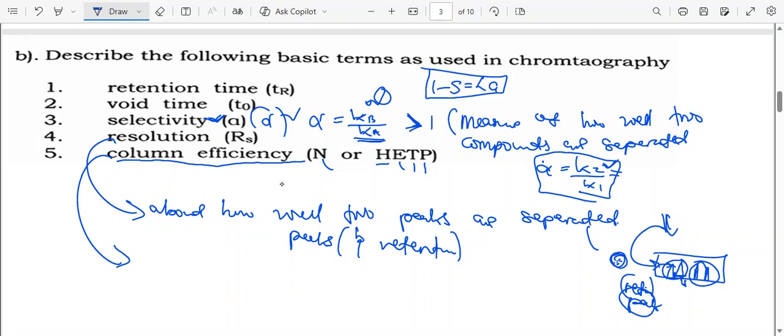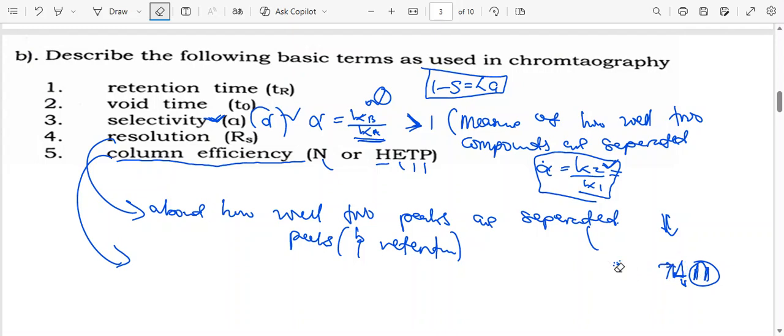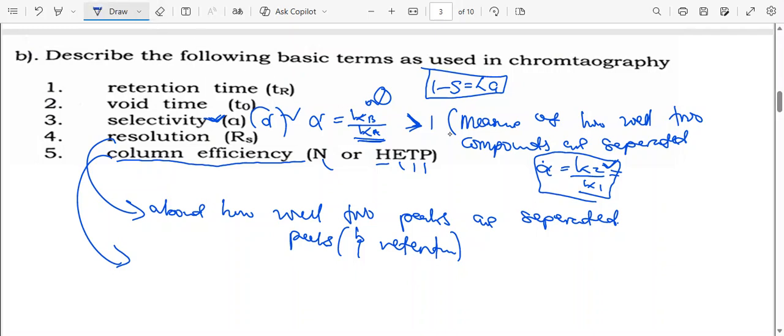I want to give more details about resolution because it's important, rather than just defining it and leaving it.